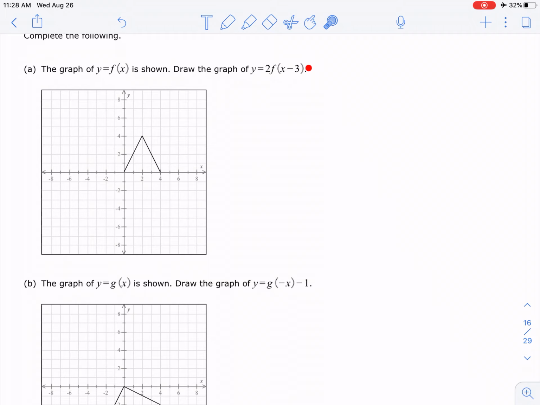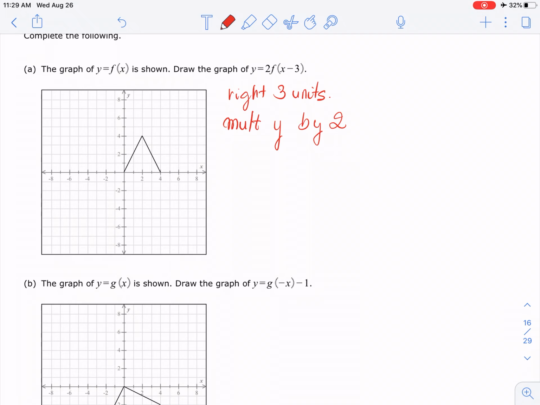So we move the graph to the right 3 units. And then we multiply y by 2. Okay.